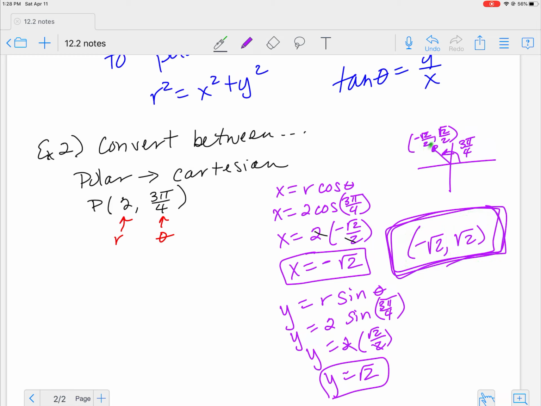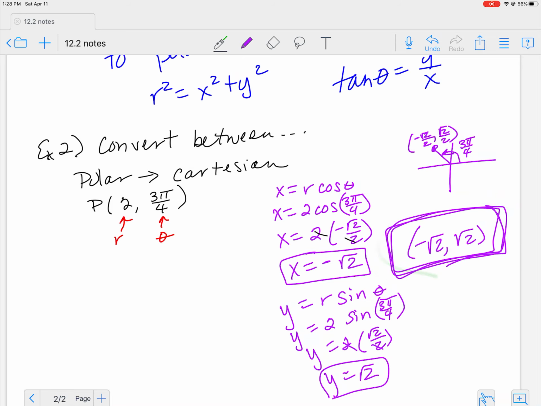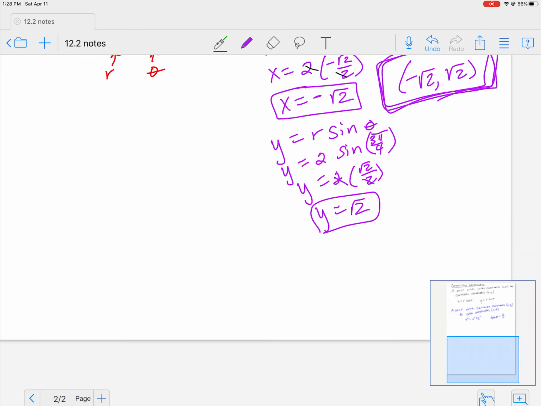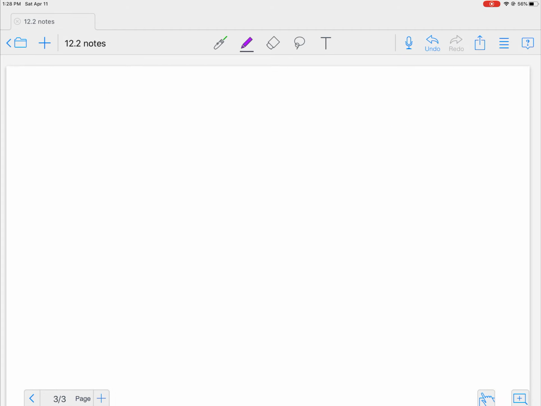We are representing the same point in two different ways, as polar and as Cartesian. I'm not talking about anything different. This coordinate point and this coordinate point are exactly the same. All right? Okay. Now, let's swap back and forth between Cartesian to polar.